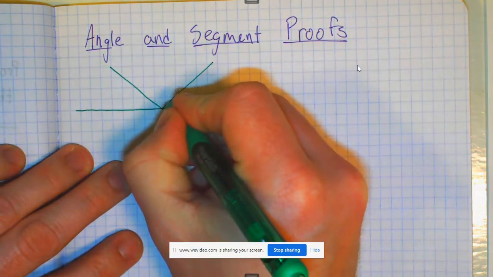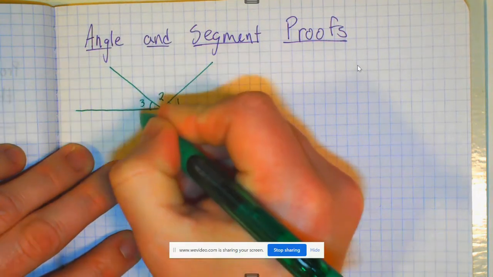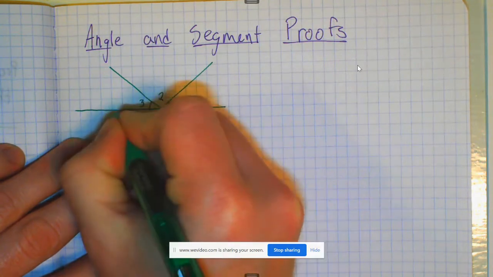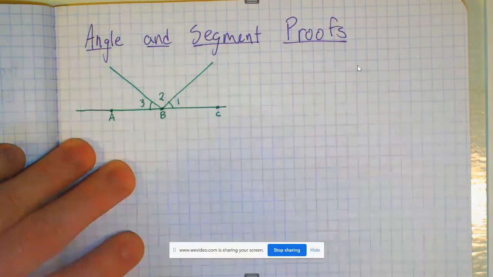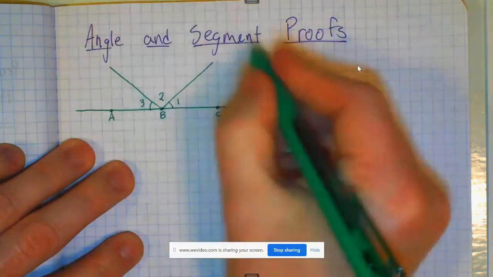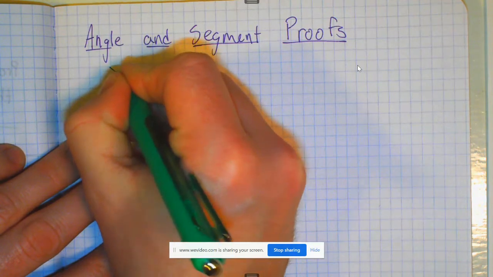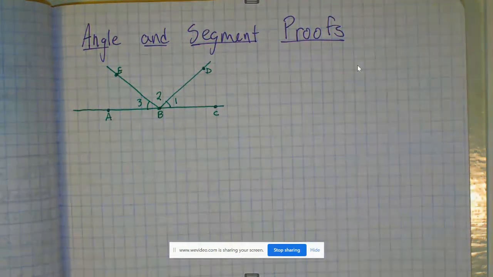We have angles 1, 2, 3, and we have some letters: B, A, C, D, E.